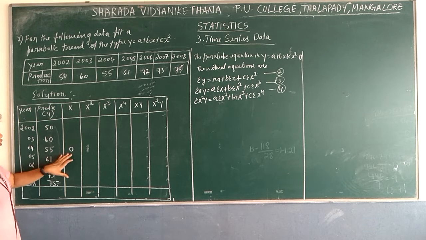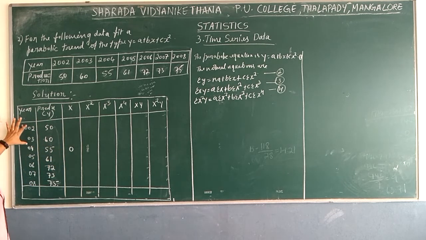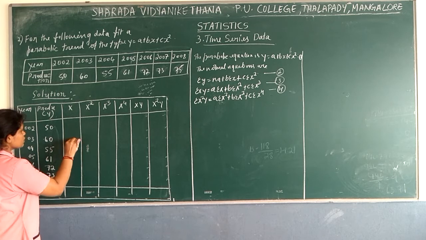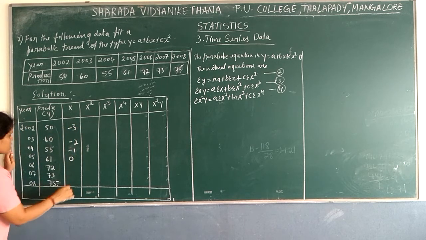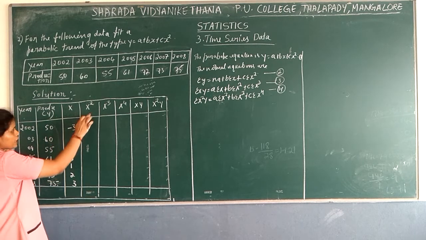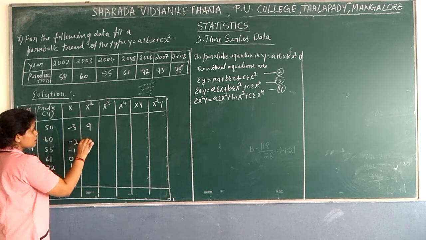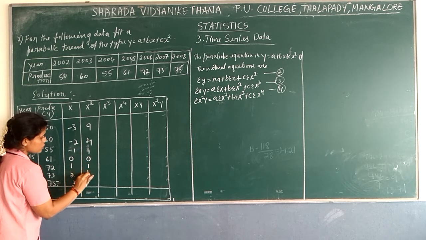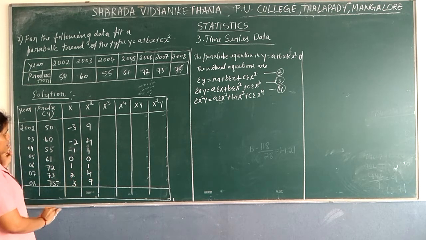Now, as you know how to allocate x in case of an odd number of series, firstly, for the middle value we get 0. Then it goes like -1, -2, -3, and here 1, 2, 3. Now x square becomes 9, 4, 1, 0, 1, 4 and 9.